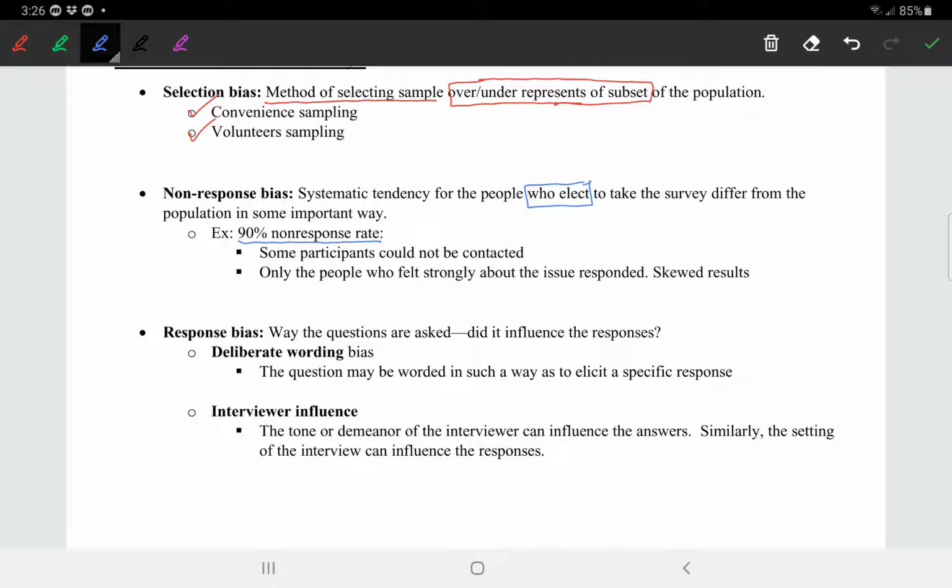You have to ask yourself, is it possible that some of the participants could not be contacted? If so, we should examine our methodology. And if only 10% of those people who were contacted respond, perhaps only the people who felt really strongly about this issue responded, and that skewed the results towards people with strong feelings about it.